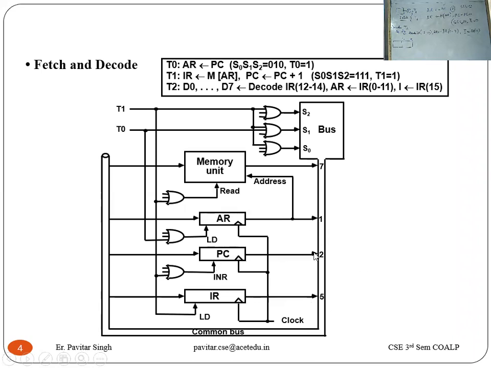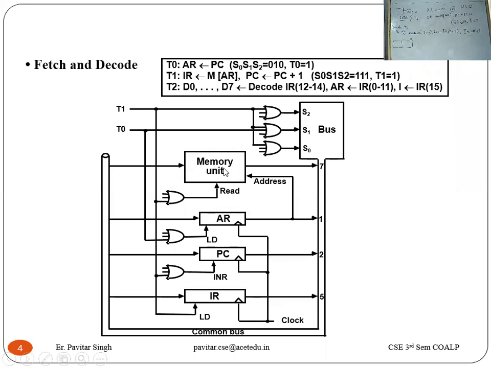So PC will place the data onto the common bus by enabling the selection lines to 0, 1, 0. Now the data is present on the common bus and AR wants to read that data. How will AR read it? By enabling the load input, which is connected to T0. So this is your first T node. After this, at T1, first of all, M of AR, so memory will be read.